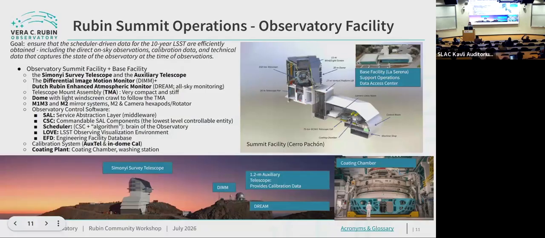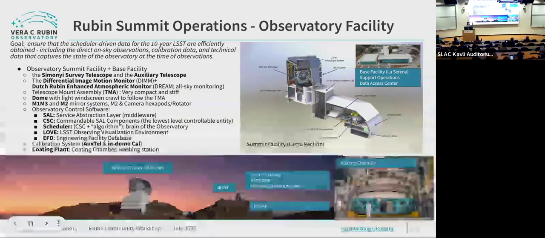We also have DREAM, the Dutch Rubin Enhanced Atmospheric Monitoring camera, which is for monitoring the whole sky. The telescope itself, the telescope mount assembly, is very compact and very steep, so we can move very fast to the next target.